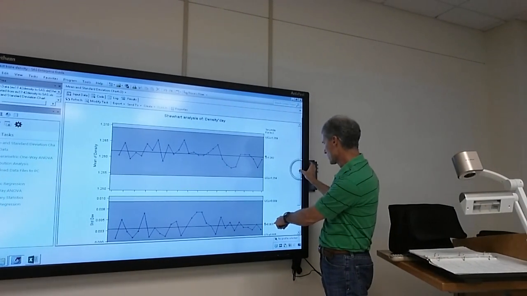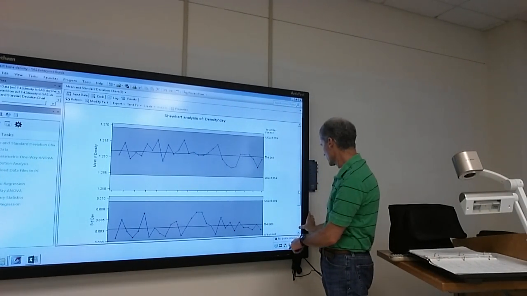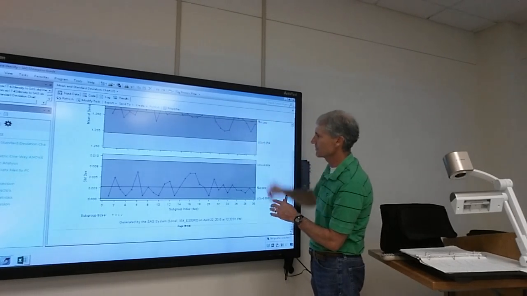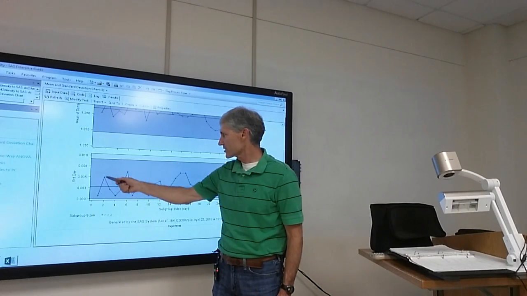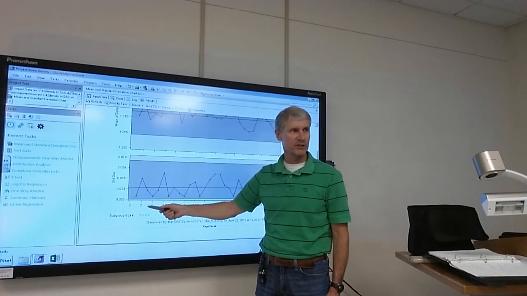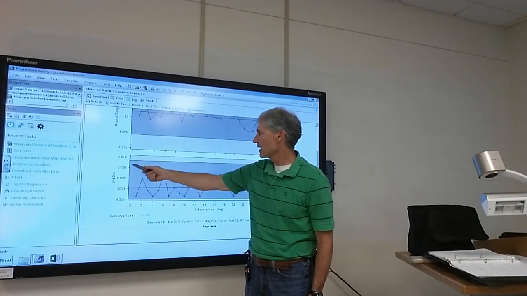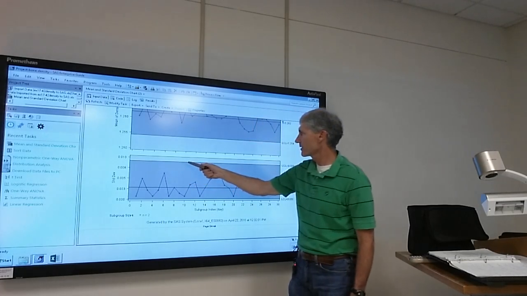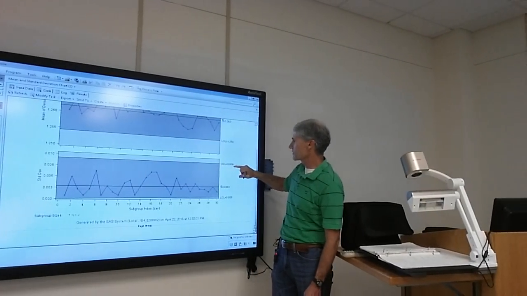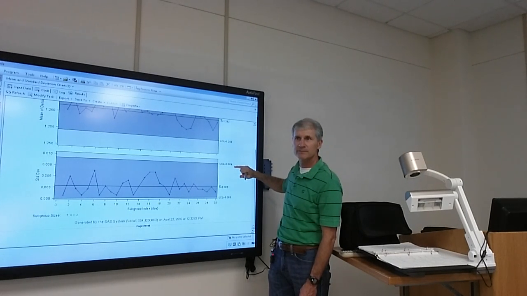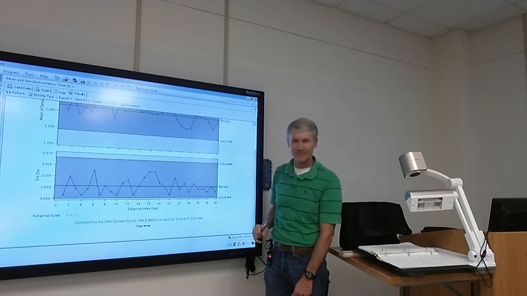And the S chart is the lower one. So we'll look at it first and then we'll go do the X bar chart. So here are the same three first points that we just graphed by hand. The upper control limit, it marks at 0.009. Hey, it fits, right?